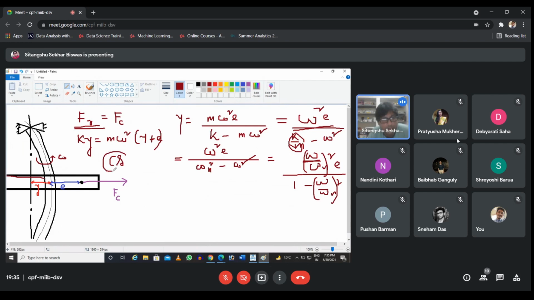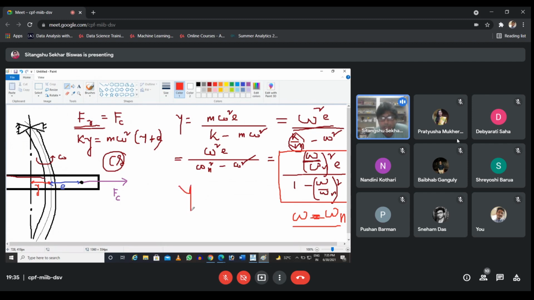Now here you see there is a term called critical speed. That also we will learn how to compute for a rotating system. From this expression, it is very clear that if omega becomes equal to the natural frequency of the entire system, then the denominator of this expression will become 0.